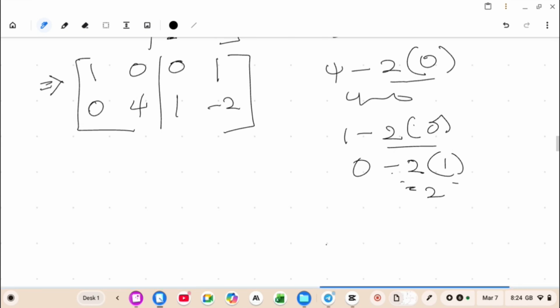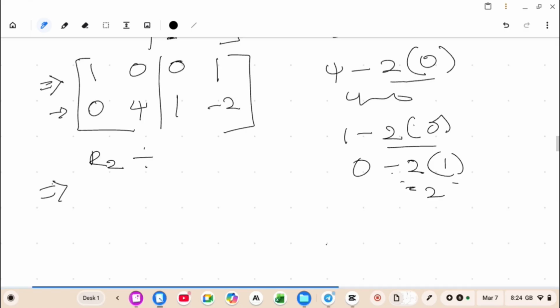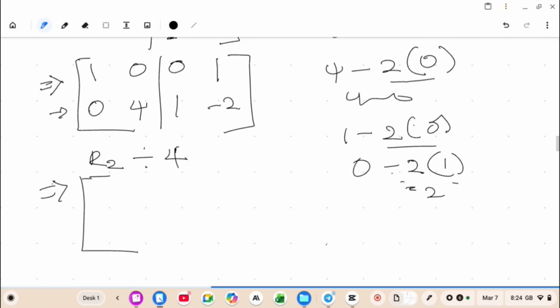Here is 0. So you have to turn this 4 to 1. So what we are going to do is that we said before you can change a number to an identity element, you have to divide it by itself. But then the division will affect all the row 2. So we said we divide row 2 by 4. So we have our 1 here.